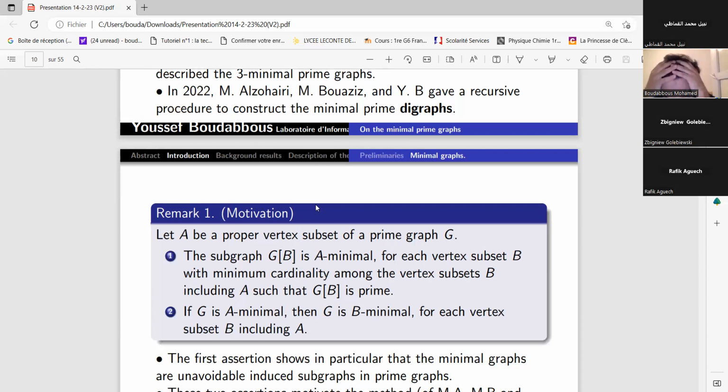The second remark: if G is minimal for a subset A, then it is B-minimal for any vertex subset B including A. With these two remarks, we motivate our study with Al-Zuhairi and Bouaziz of the recursive construction of minimal graphs.